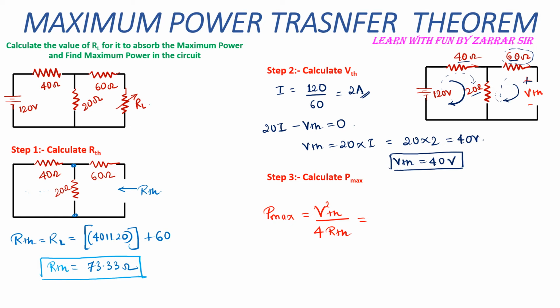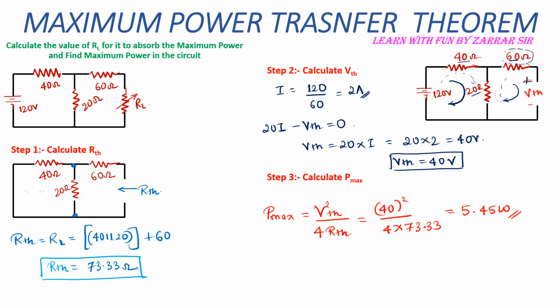V square Th is nothing but 40 volt, so it is 40 square upon 4 into Rth, which is 73.33 ohm, and you will reach a point where your maximum power is 5.45 watt. In this way you will calculate maximum power.